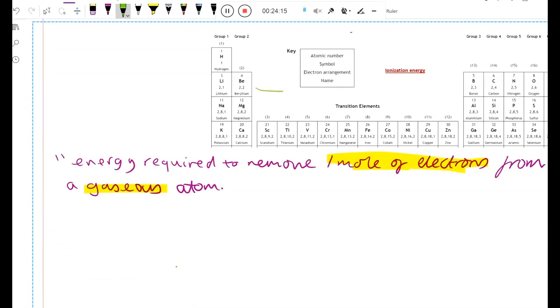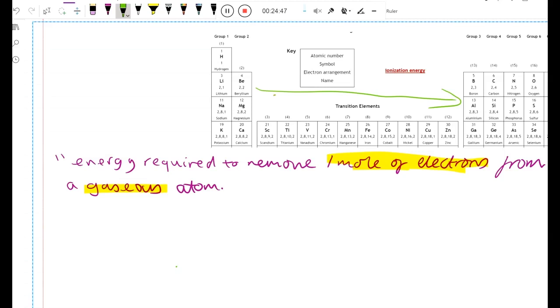As you move across the period, this idea of nuclear charge increases. The number of protons increases, so the nuclear charge also increases. If ionization energy is the energy I need to put in to take an electron away, then the stronger the nuclear charge is, the more energy is required to remove an electron.